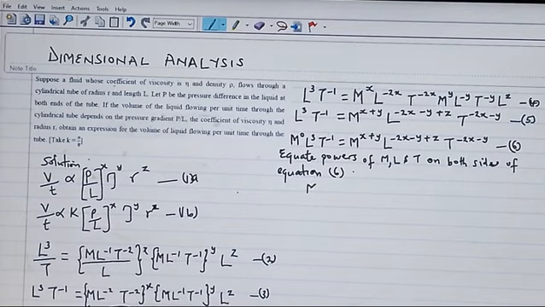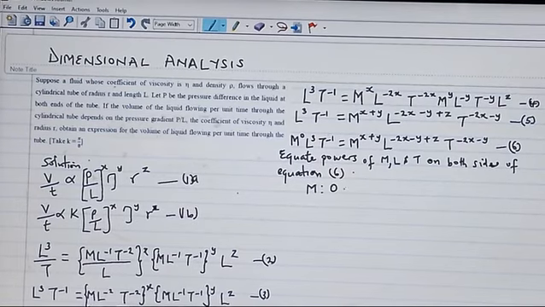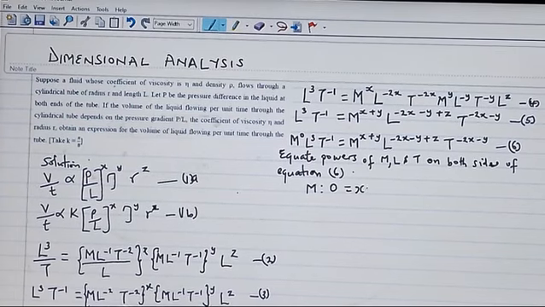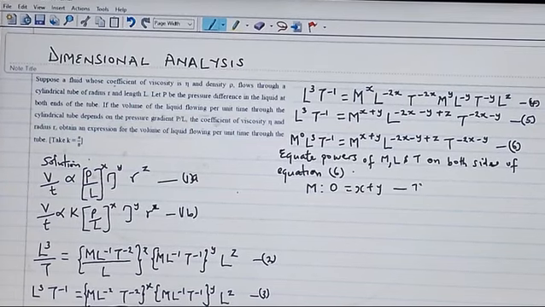So for m, on the left hand side we have 0. On the right hand side we have x plus y. Let's call this one equation 7.